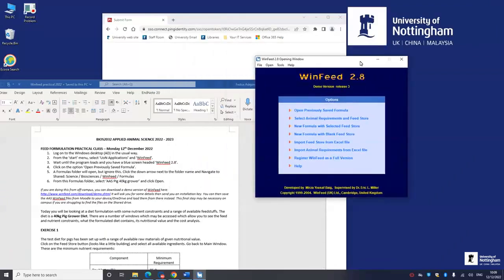So you should have something like this. So wait for the program to load and have a blue screen showing WinFeed 2.8. Click on Open Previously Saved Formula.